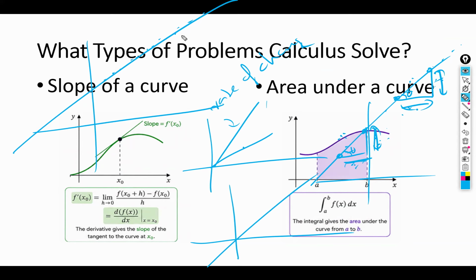Whether you are moving, you call it velocity or speed, or maybe this is the slope of a staircase, or maybe this is how the rupee rate increases with the dollar.